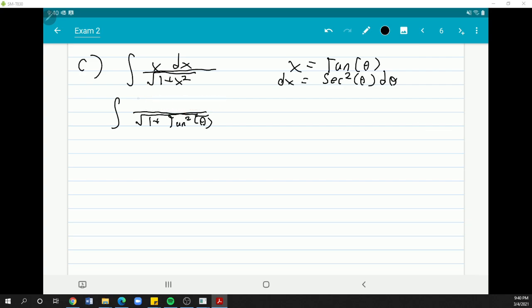Sorry. This is secant squared of theta d theta. Right. X is tangent theta times tan of theta because there's an x. Got it. X for the tangent theta, dx for the secant squared of theta d theta, and then x squared becomes tangent squared.